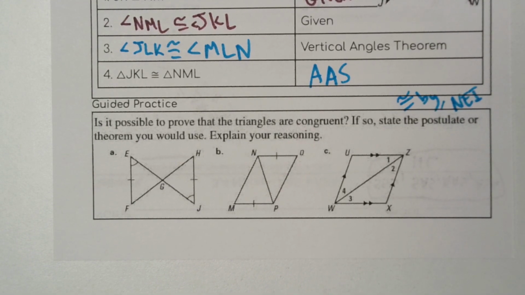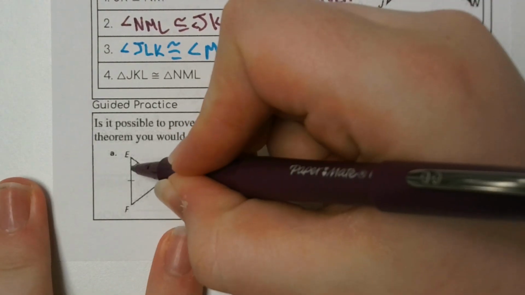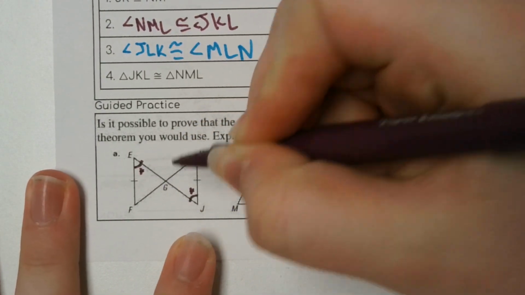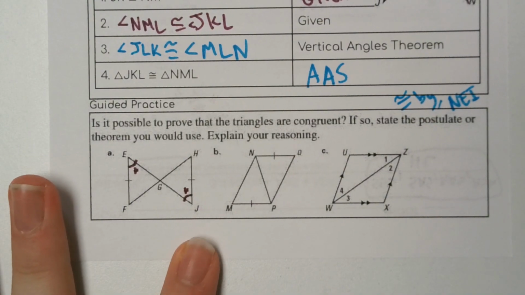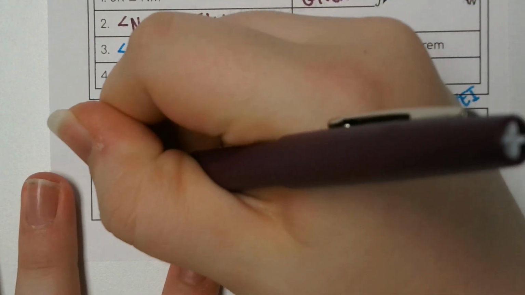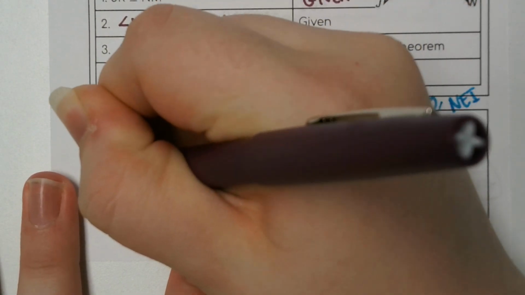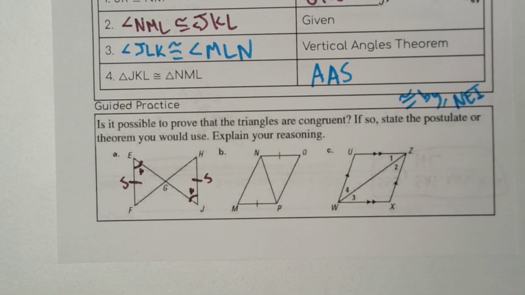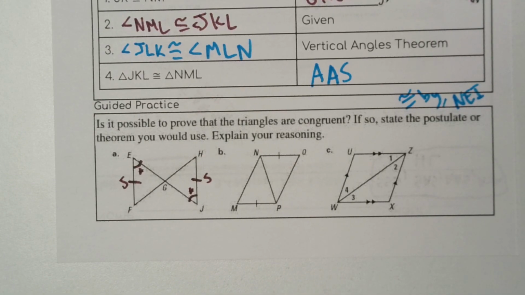Alright. So looking at this one, I know that these two angles are congruent because it's given to us, with those angle marks. We also know that these two sides are congruent. Is there anything else from the diagram that we can conclude are congruent? Do we have any shared sides?